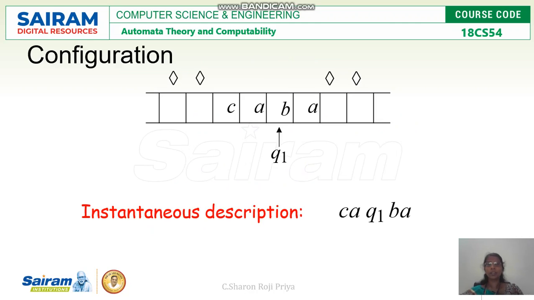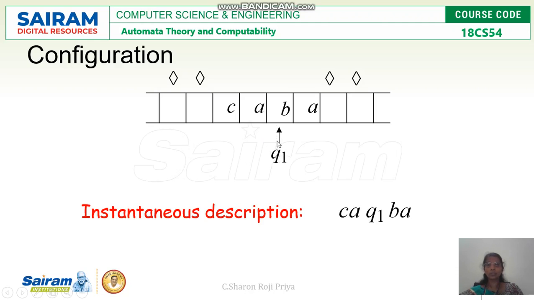Next, coming to the instantaneous description of your Turing machine, assume this is the current state of your Turing machine. Currently, my read write head is pointing to the cell B and the state is Q1. How to write the instantaneous description?